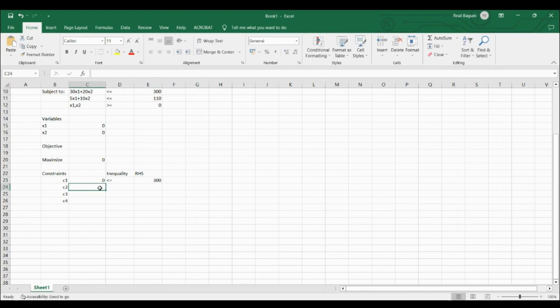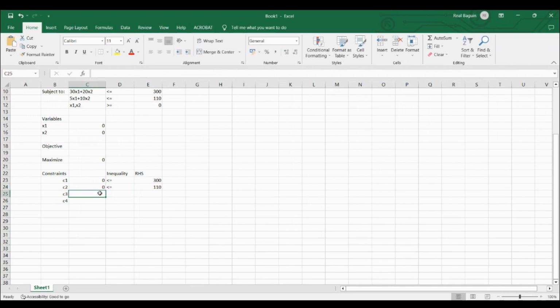The next constraint is 5 times x sub 1 plus 10 times x sub 2, that is less than or equal to 110.